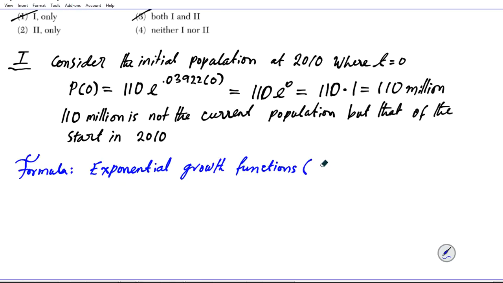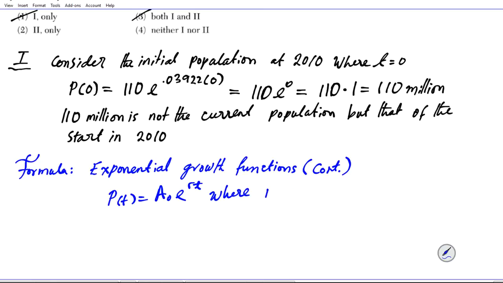We're looking at the ones that are continuous, okay? So the population at any time t is equal to the initial amount, let's call it a sub 0, times e raised to the rt, where our focus is on the rate, so that's what we'll narrow our focus to, okay?